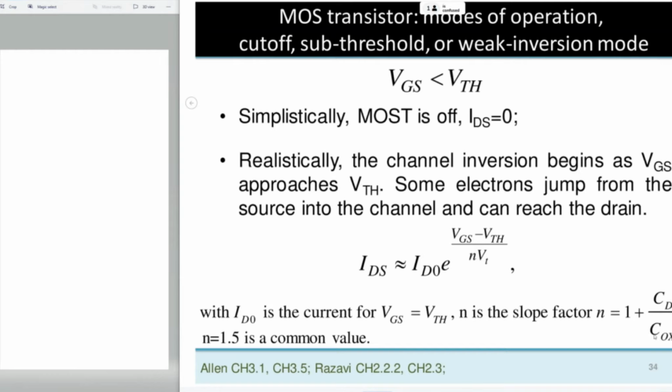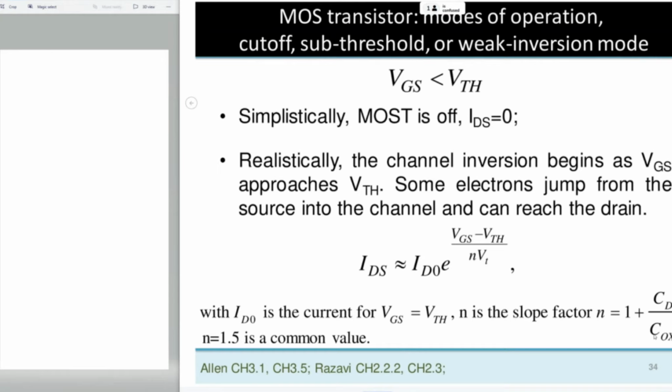Keep in mind what we said for the interface between the oxide and the semiconductor. From the top side, we have the C oxide capacitor, and the gate voltage controls the potential in the interface. From the bottom side, we have the depletion capacitance, and the bulk contact controls this potential.